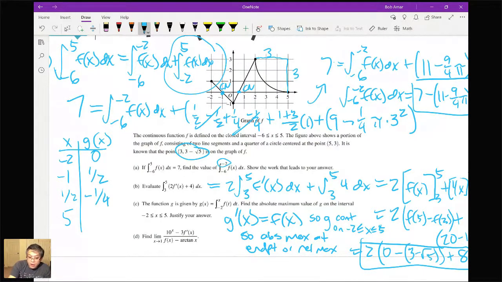It's basically all this stuff here. It's basically 11, minus 9/4 pi. But you can see visually it's going to be the much larger number. So this value is going to be the largest value.